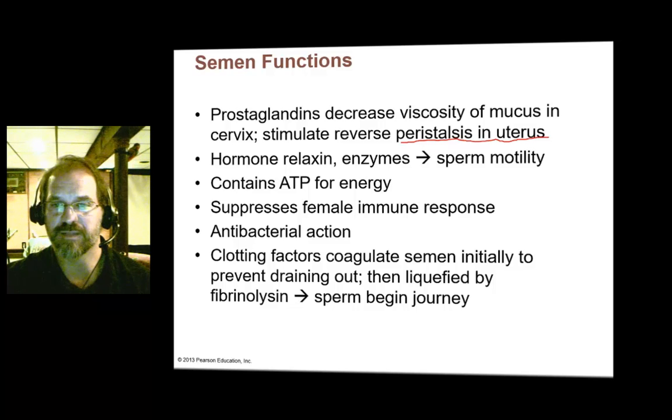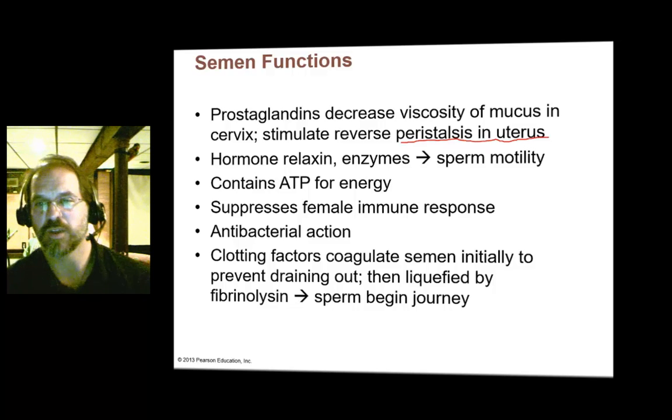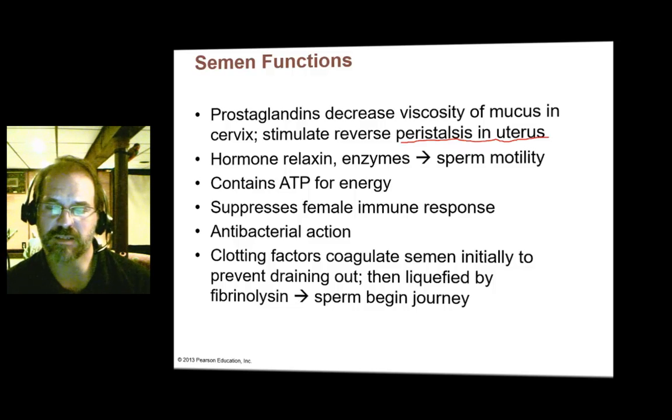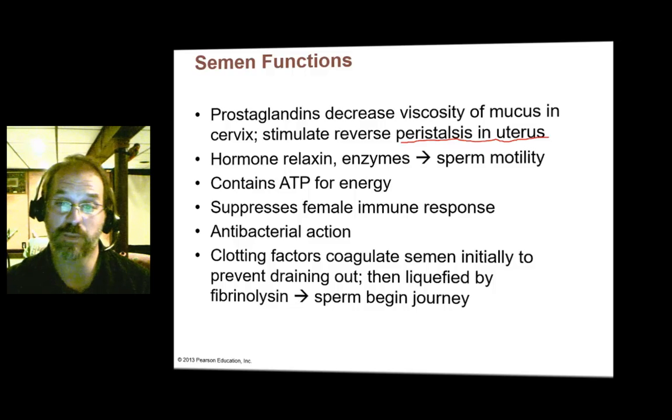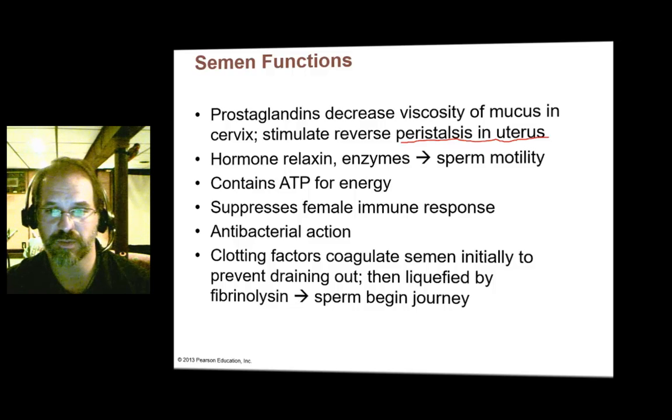So the vagina pulses with constrictions, and so does the cervix, which is the opening of the uterus, and the uterus. And that contraction seems to be, at least among other things, a signal that shows the sperm which way to swim. So they know to swim upstream.